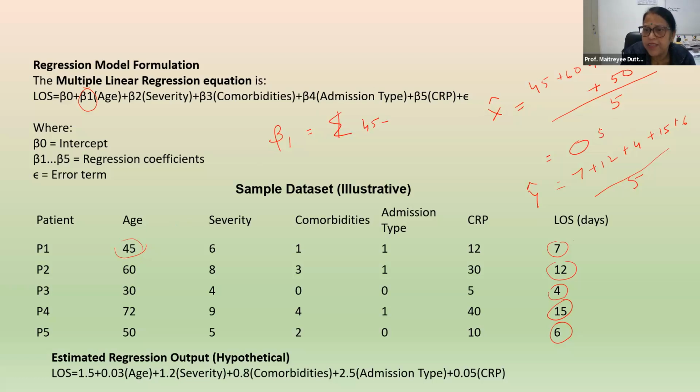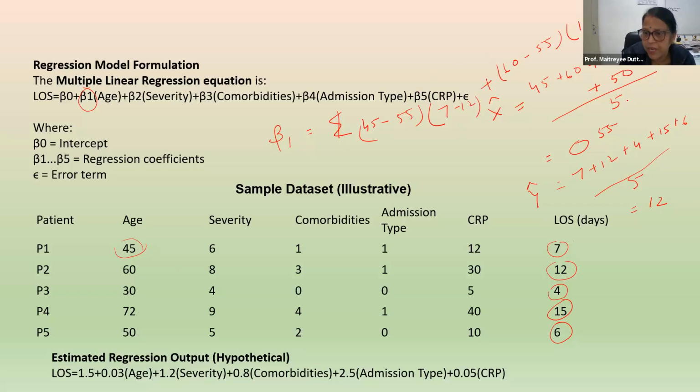For example, say this is my mean 55, right? Here y bar, for example, say 12, right? Anything, whatever calculation. So 45 minus mean, that is your 55, into yi minus y bar, that means 7 minus 12, right? Plus, why? Because this is a summation. Next one, that is 60 minus 55 into 12 minus 12.